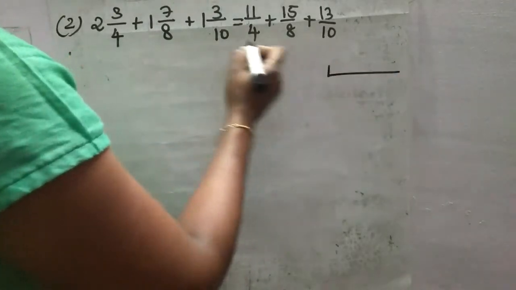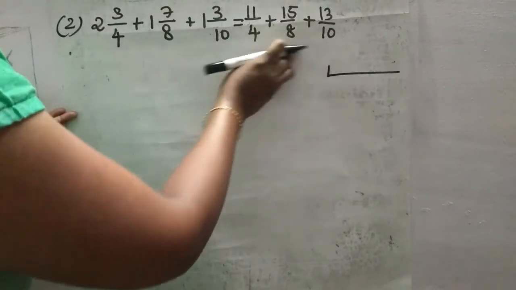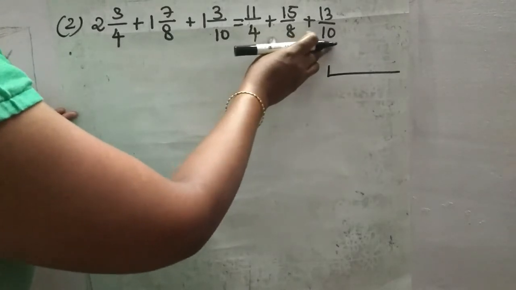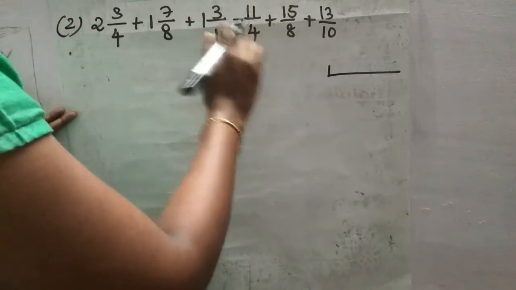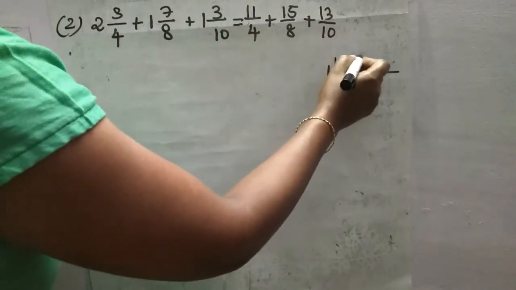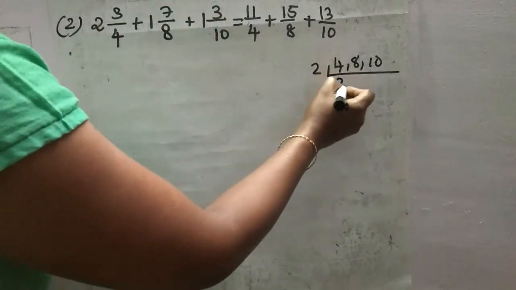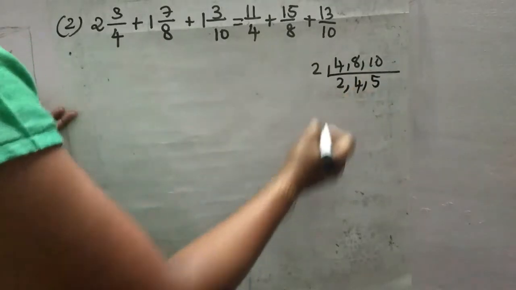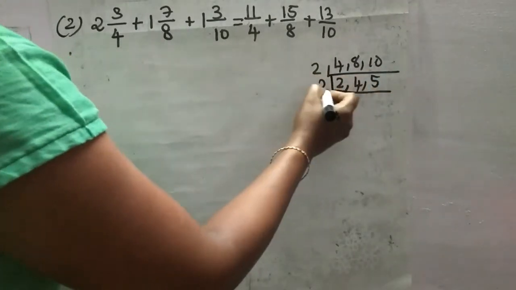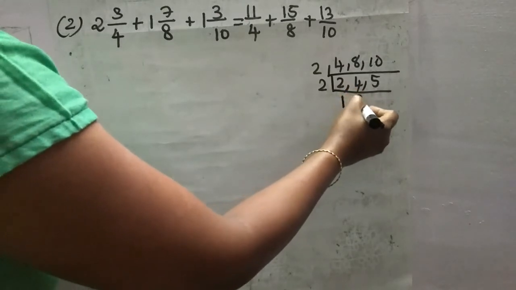Now find the LCM. Here we get unlike fractions, so we want to change these fractions into like fractions. So find the LCM. Divide by 2. 4 by 2, 2. Here you get 4 and 5. Now again you can divide with 2. 2 by 2, 1. 4 by 2 is 2.